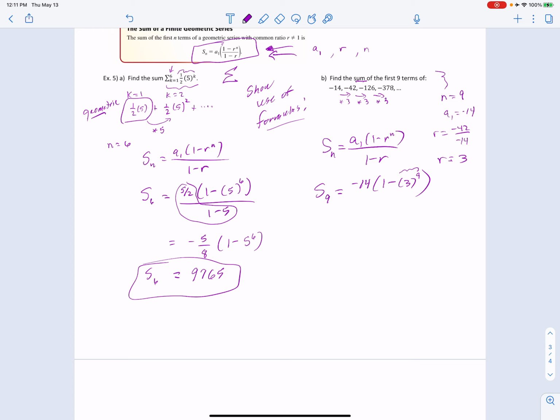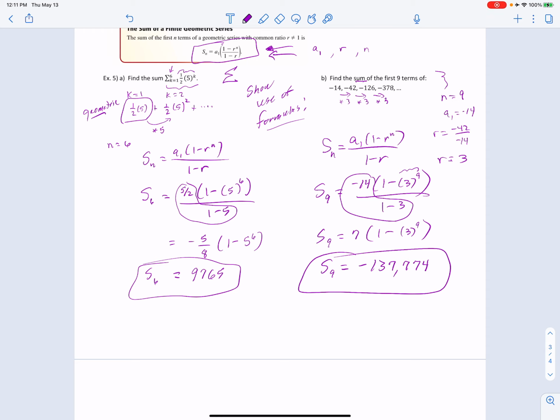And if the r value is negative, make sure that you have parentheses around it and raise the negative to the power before you subtract. If you work that out, the sum of the first 9 terms is -137,774. That's it.